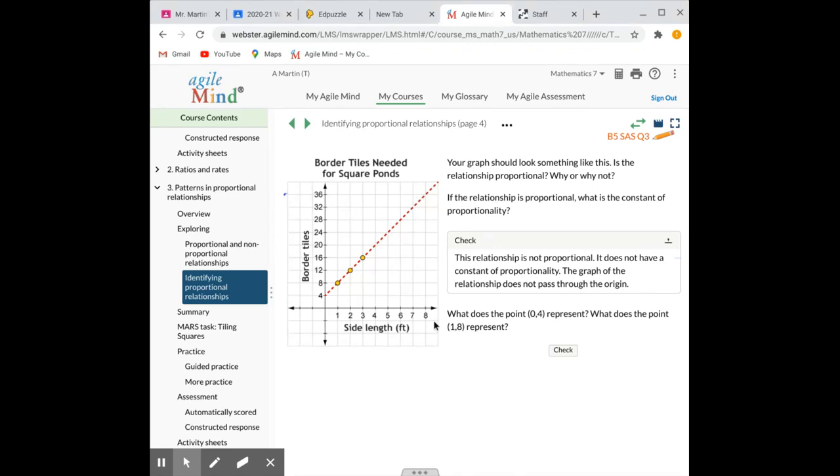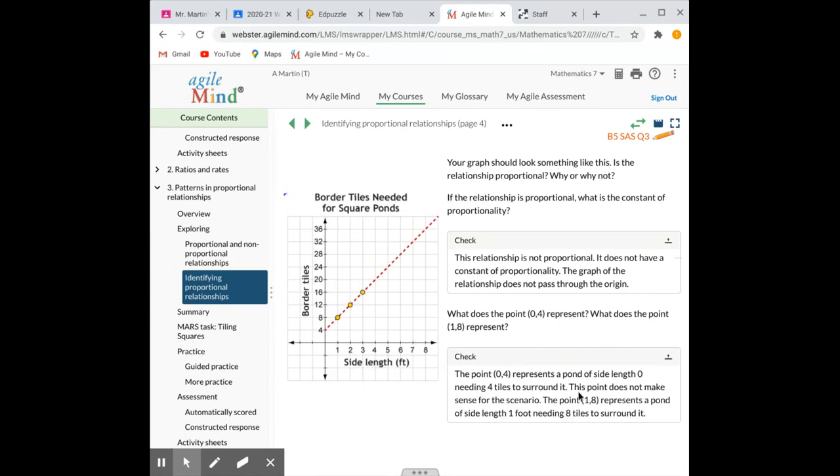4. So read that for us, please, Mr. Jamal. The point (0, 4) represents a pond of side length 0 needing 4 tiles to surround it. This point does not make sense for the scenario. The point (1, 8) represents a pond of side length 1 foot needing 8 tiles to surround it.